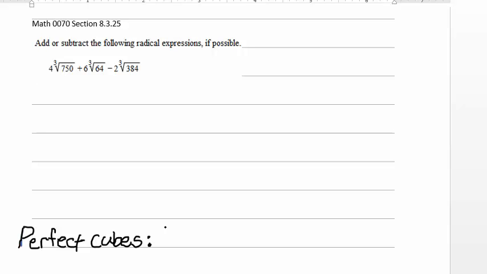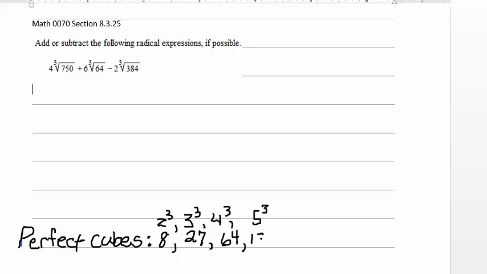And we get the list of perfect cubes by beginning with 2 and cubing it. That result is 8. Then we cube 3. That result is 27. Then we cube 4. That result is 64. Then we cube 5.